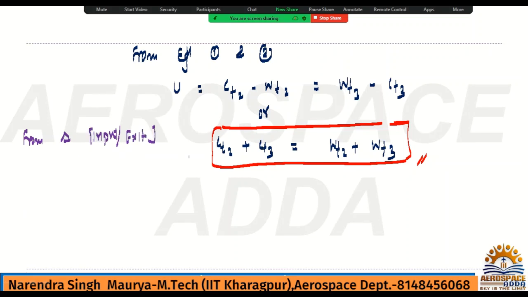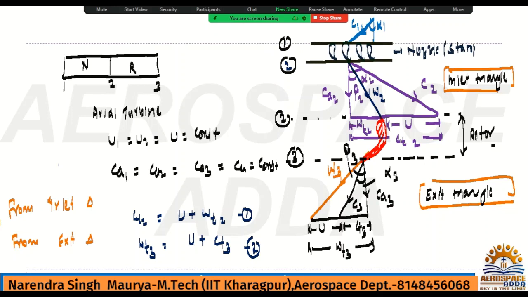What is tan alpha 2? Check from the triangle. It is CT2 by CA2, or CA.